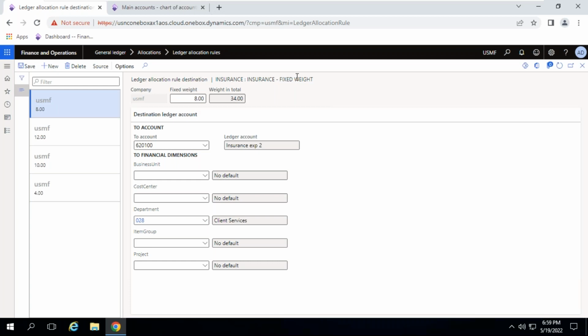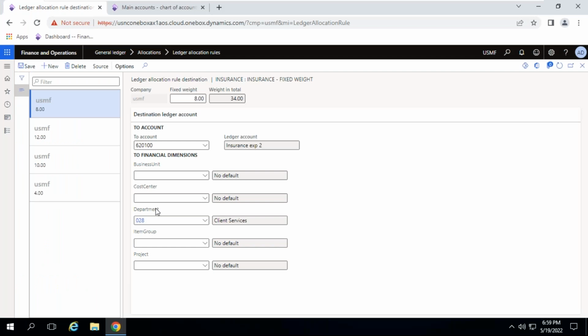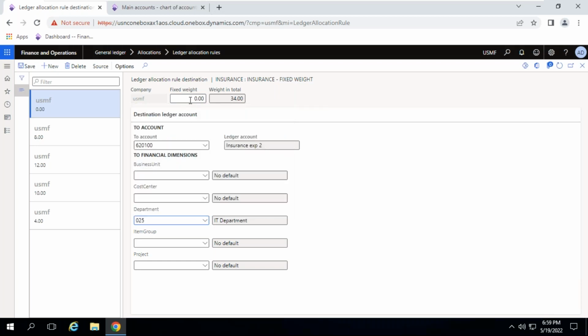Fine. Now it is up to 34. Next, IT department, it is 6 members. So total weight in total it is 40.